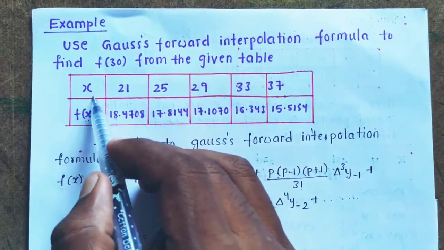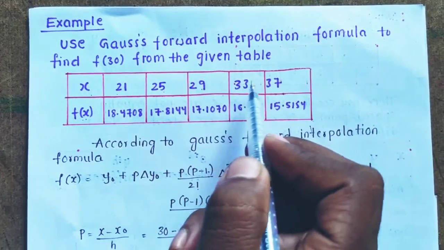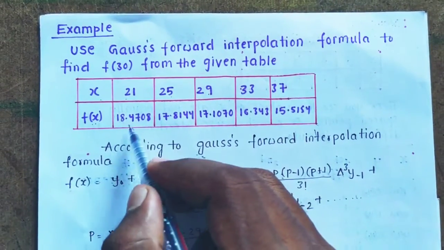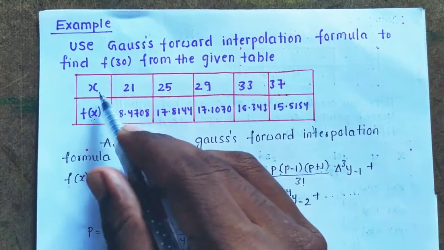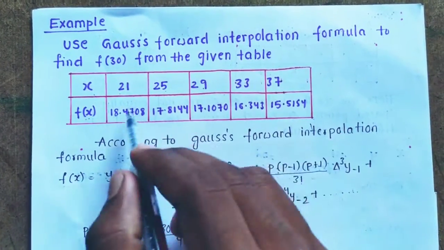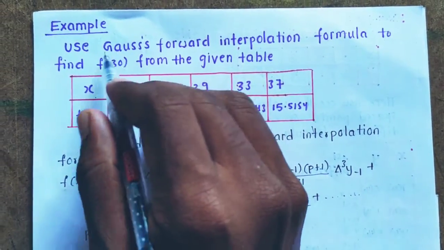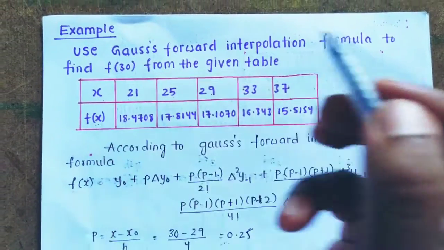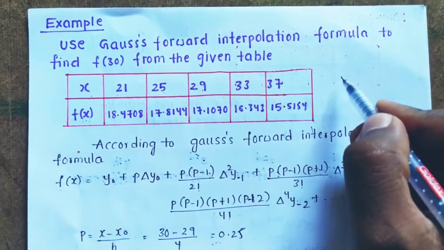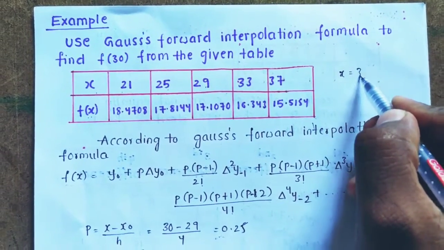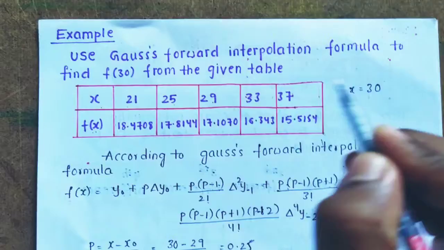Here the values of x are 21, 25, 29, 33, 37, and the corresponding values of y are also given. Here your unknown function is f of 30. For finding this unknown polynomial, the value of x is 30.